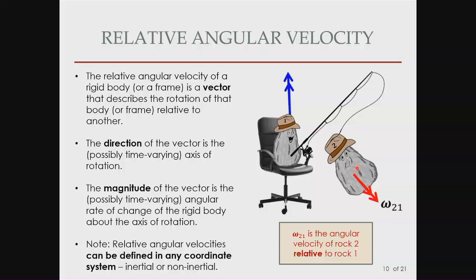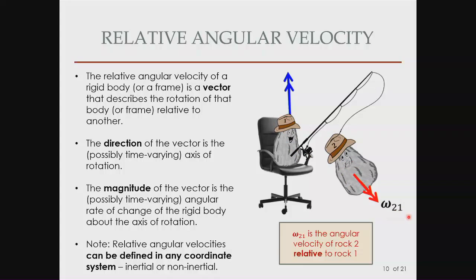So here you see these two rocks, and what you see here is omega 2, 1. If this is rock number 2, this is rock number 1. I could also put a comma in here. It's not 21, but if you have a lot of bodies, you can put a comma.